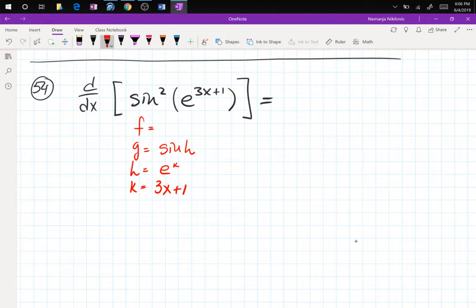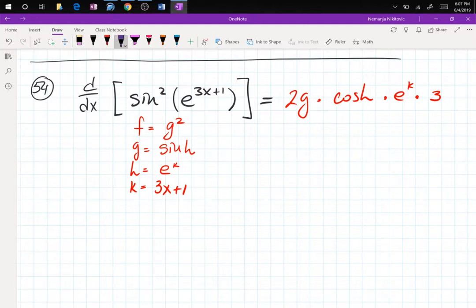And then g squared, nice. So technically what we have over here is the derivative of g squared is 2g times the derivative of sine h is cosine h times the derivative of e to the k is still e to the k, and then times the derivative of 3x plus 1 is just 3. So that's technically what we have.